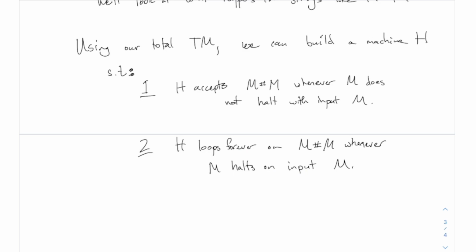Yes? Wouldn't M simulating M just be the same thing? It would be the same machine because it's simulating itself kind of? It's not really simulating itself, it's using itself as its own input, which usually wouldn't really mean anything. You should feel like that is not really meaning much of anything.